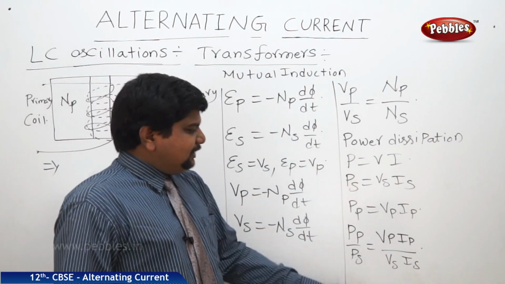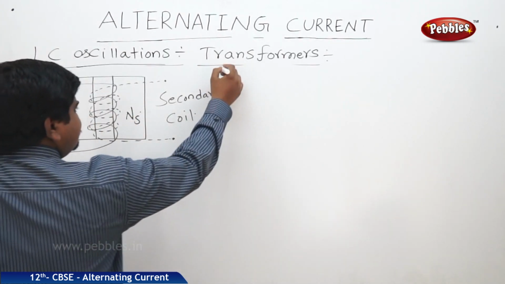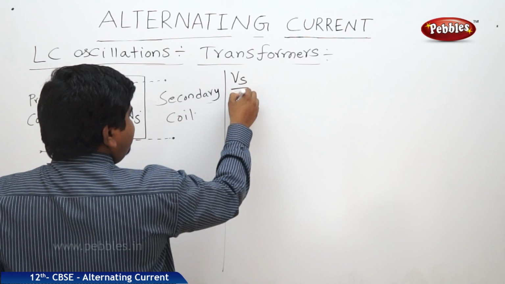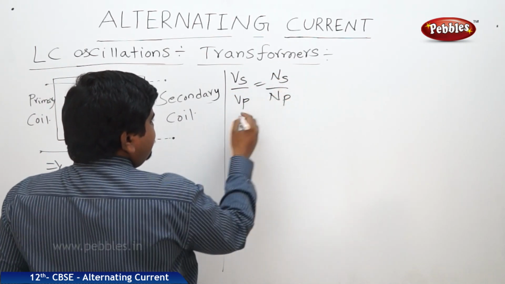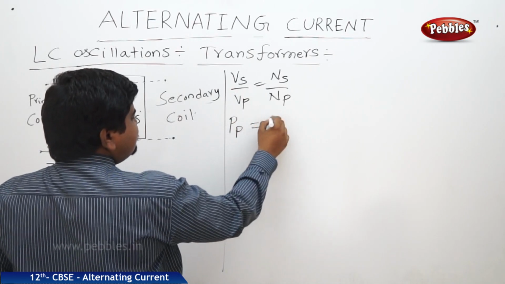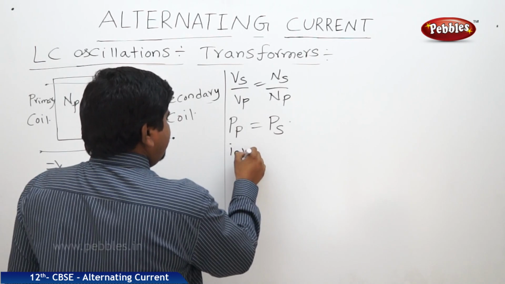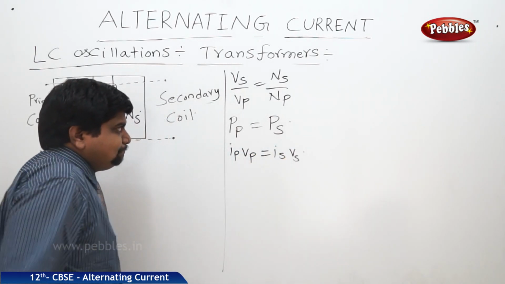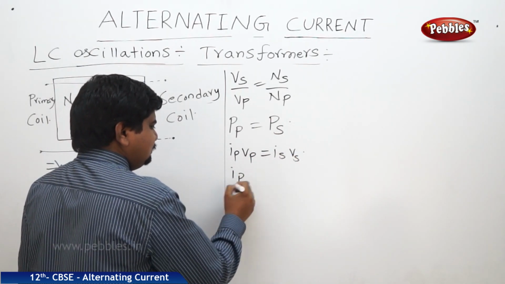So what is Vp by Vs? We can write Np by Ns. So we got some relations. Vs by Vp is equal to Ns by Np. Let us write the power to the primary coil is equal to power to the secondary coil. So therefore, IpVp is equal to IsVs. So Vs by Vp is equal to Ip by Is.